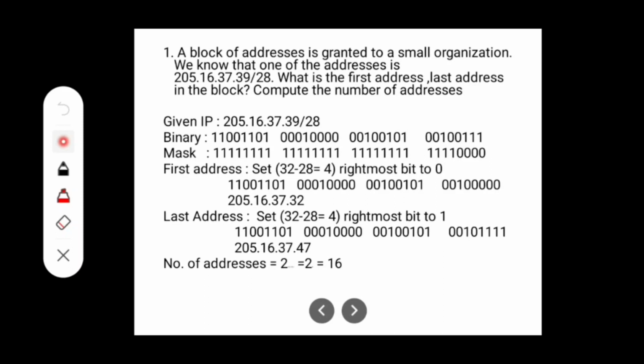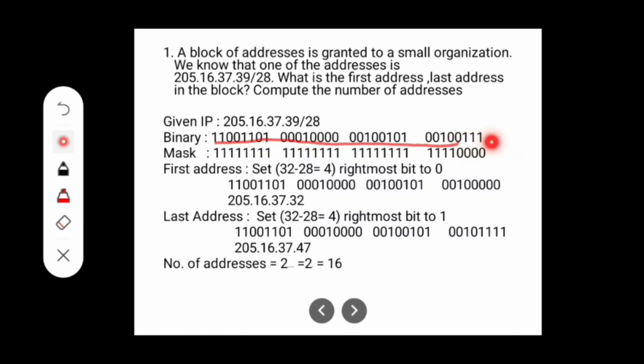Now we will take the first 28 bits of the given IP address, up to the 28th bit from this binary. These will remain intact and will not change.